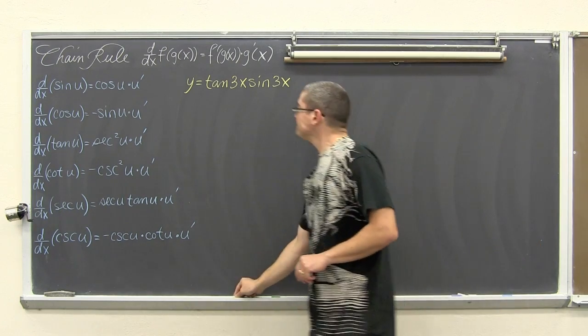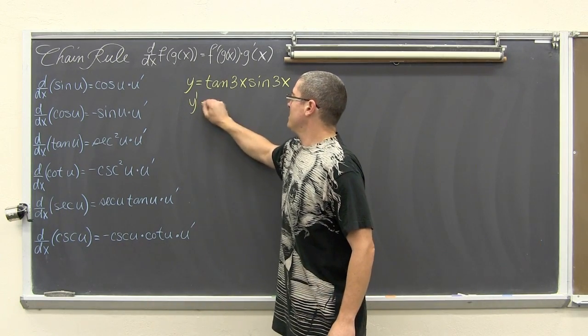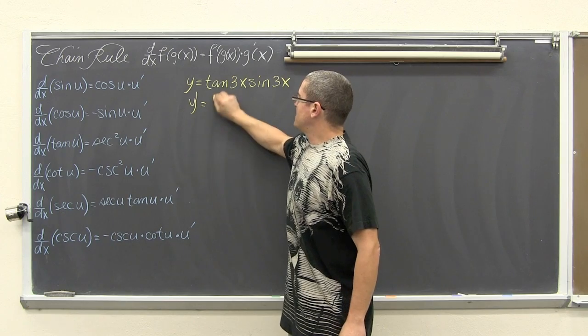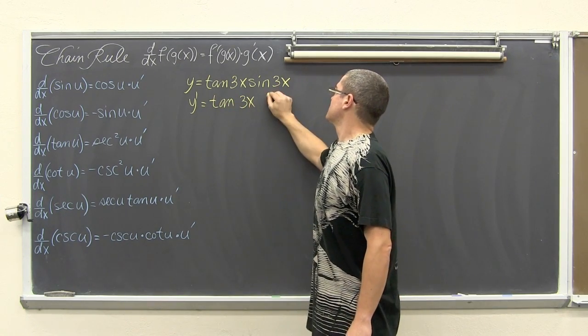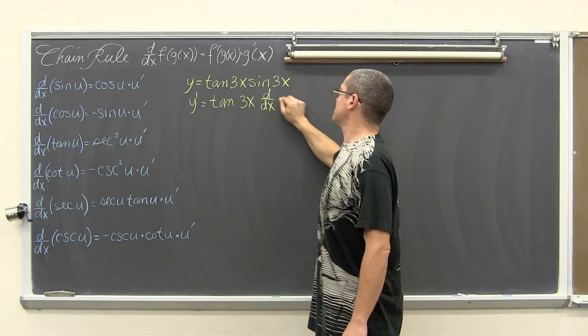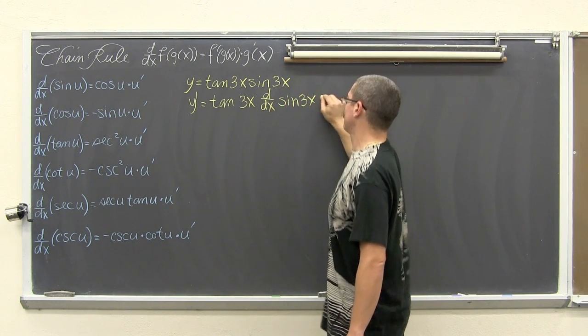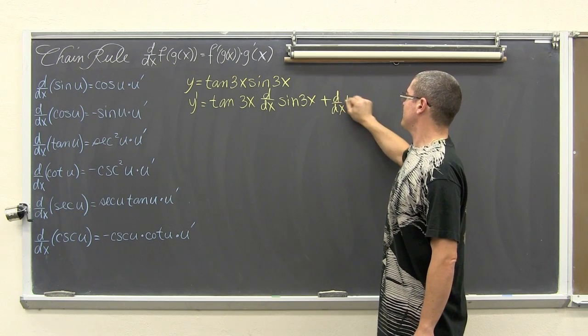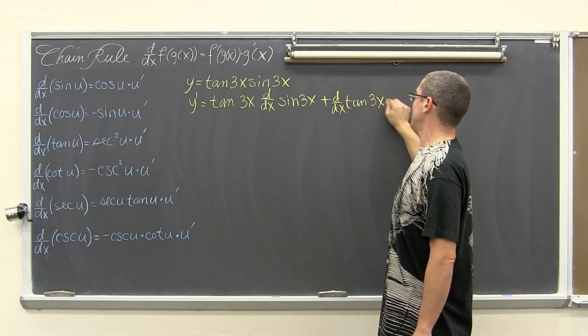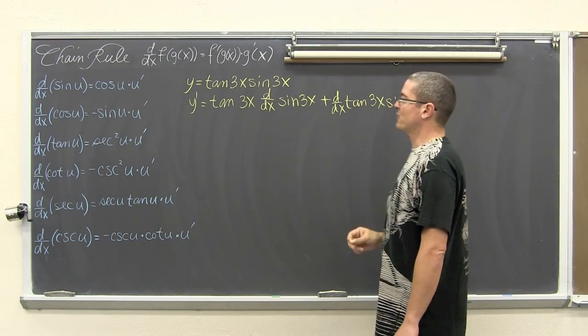We have y prime is equal to the tangent of 3x times the derivative with respect to x of the sine of 3x, plus the derivative with respect to x of the tangent of 3x times the sine of 3x.